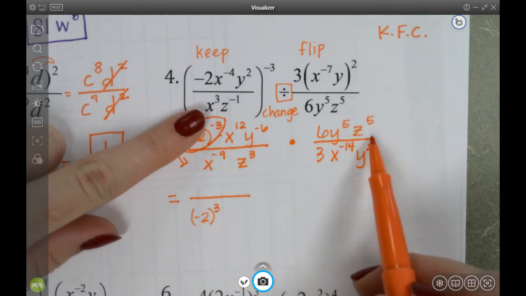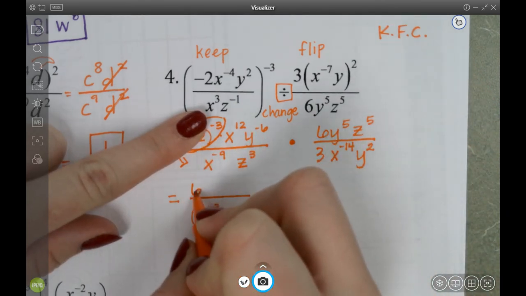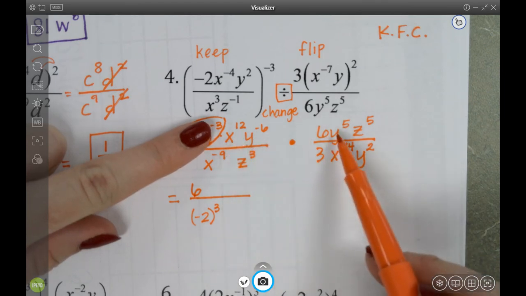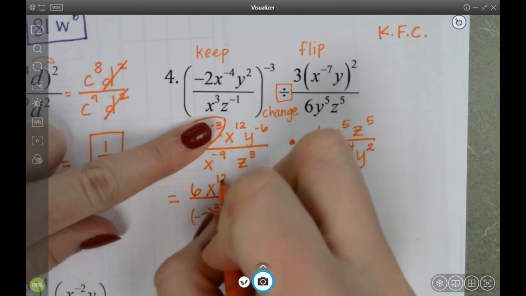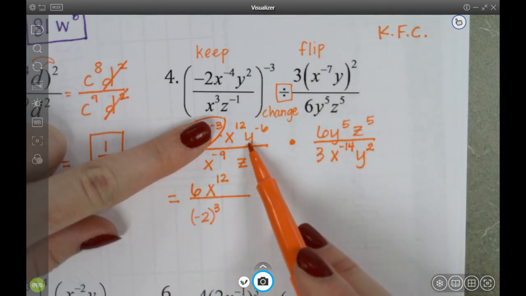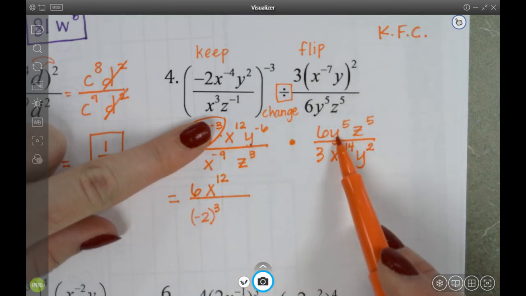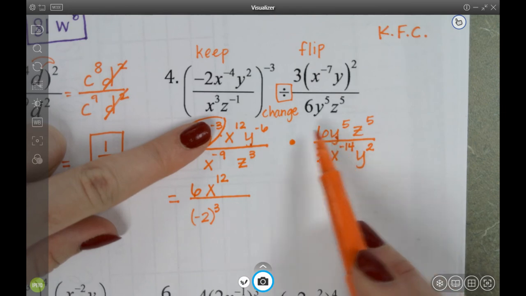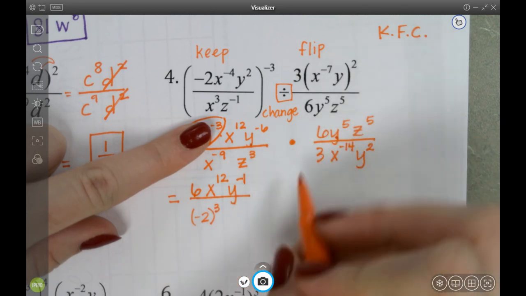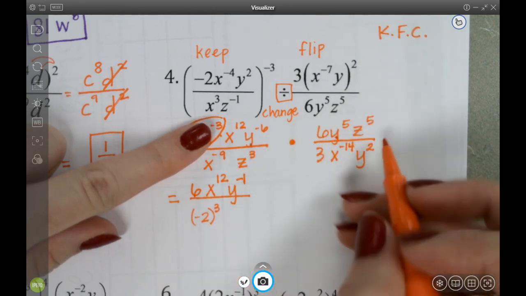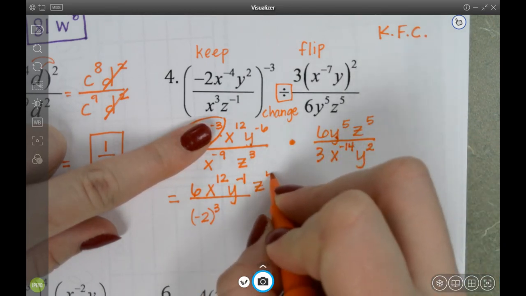And then across the top, I'm going to have a 6. I have 12 x's. I have y to the negative 6 times y to the 5th. Negative 6 plus 5 is negative 1. And then z to the 5th.